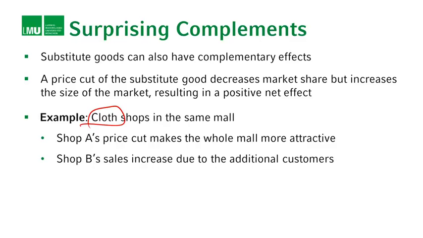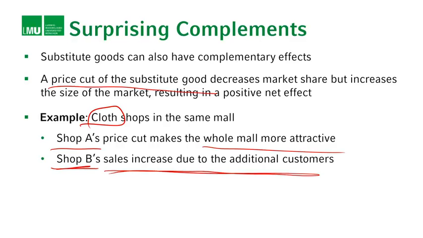So here we get a price cut of the substitute good, decreases market share on the one hand because they're substitutes, but it also increases the size of the market, and under some circumstances, this can lead to a positive net effect. Okay, so here, if shop A cuts their price, that's going to make the whole mall more attractive, and then therefore shop B sales may increase because additional consumers come into the mall. So go shopping in the mall.